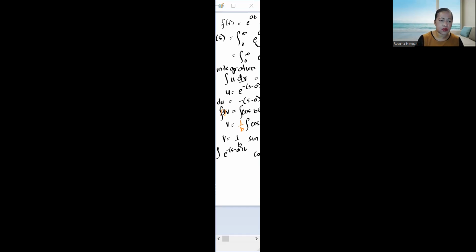So I have to place here s minus a for this full formula over b.